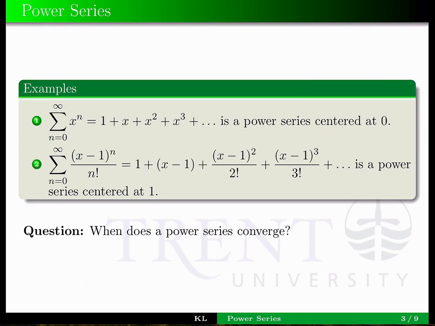Now, the natural question is, just like what we did in the last meeting, when does a power series converge? I already mentioned the techniques and the steps that we're going to use in order to determine the values of x for which the given power series converges.